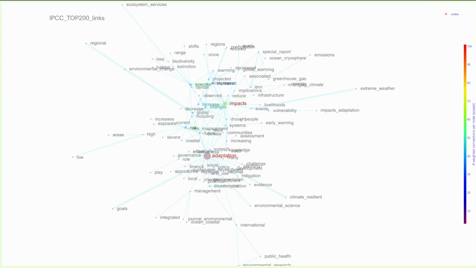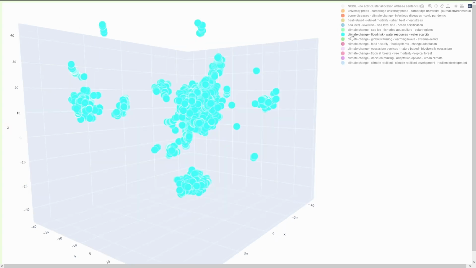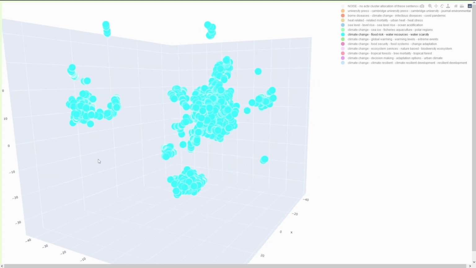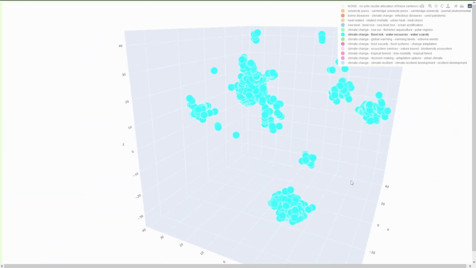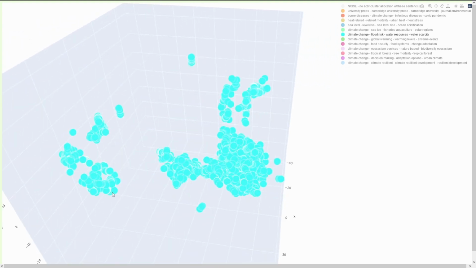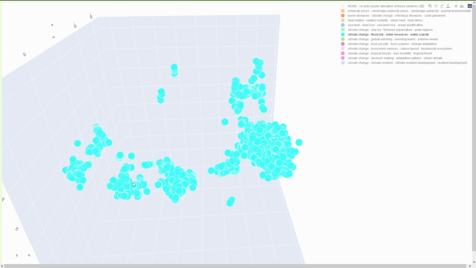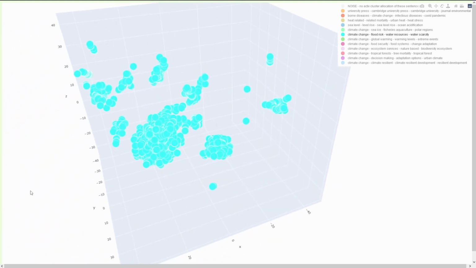Now, of course, as I showed you here, if you then focus on, I don't know what it was, let's say it was flood risk, water resources, and water scarcity on this cluster. And remember, this is calculated in a 768-dimensional topological space, where we use the pre-trained BERT model, a sentence BERT model from Hugging Face.